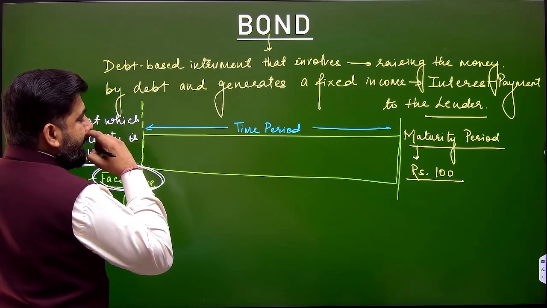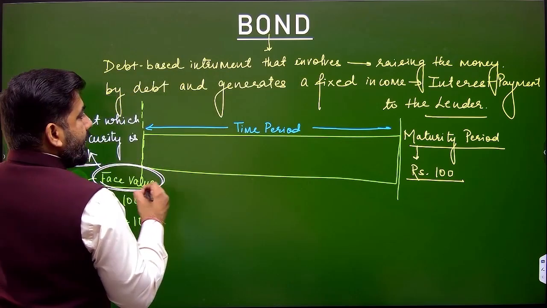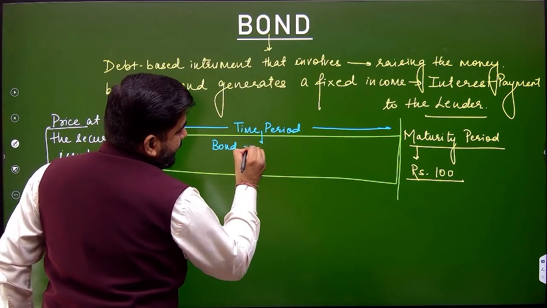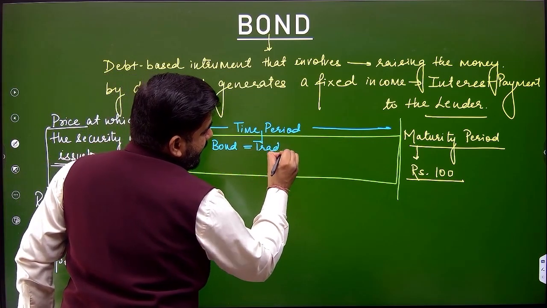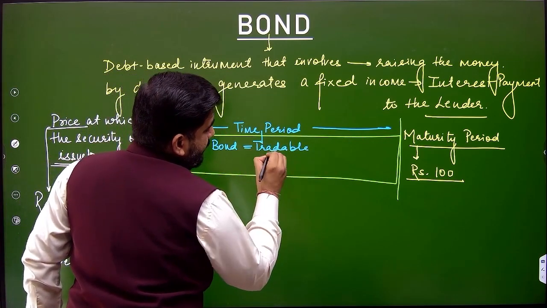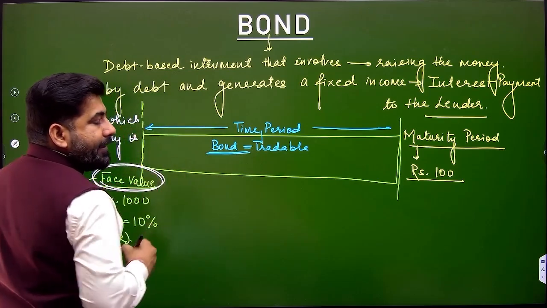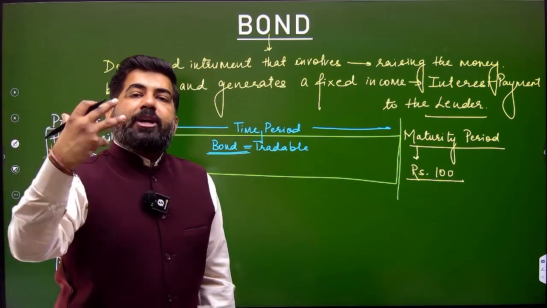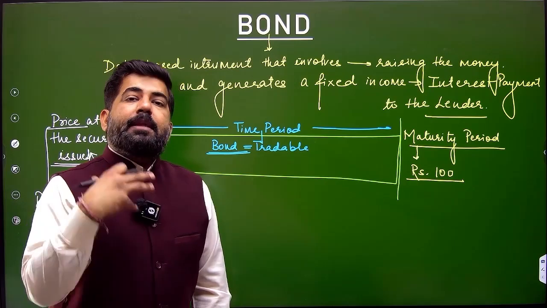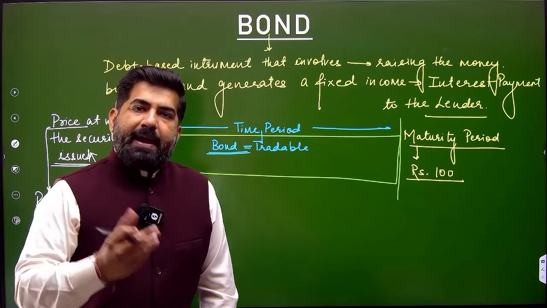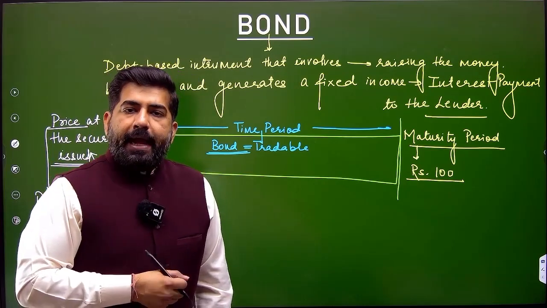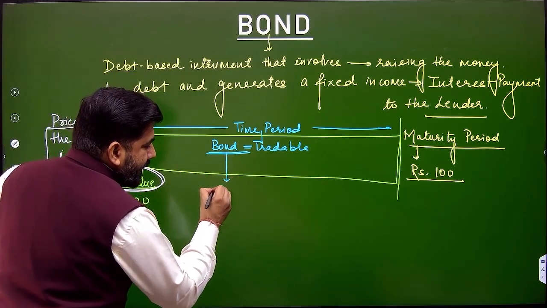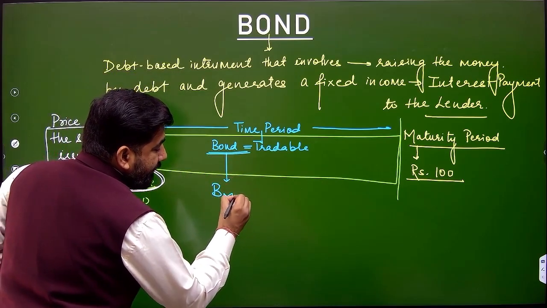During this time period, the bond is tradable. And when I say a bond is tradable, that means the bond's demand and supply will be there. The market forces of demand and supply will automatically come, and thereby there will be a price known as the bond market price.